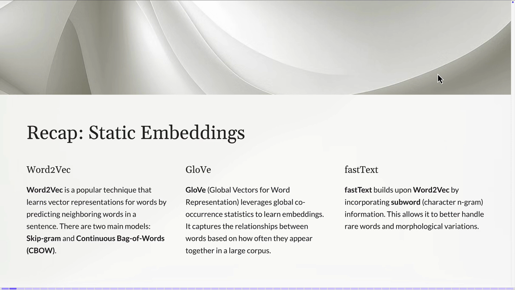GloVe provides a better contextual understanding compared to word2vec, because word2vec only looks at the previous and the next element. However, GloVe leverages global occurrence statistics in the whole context, which capture the relationship between words based on how often they appear together in a large corpus. And FastText is also an improvement of word2vec, incorporating subwords instead of using words for embedding, and providing a better way to handle morphological variation in the language.